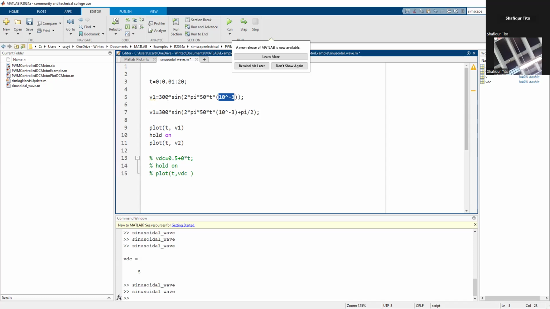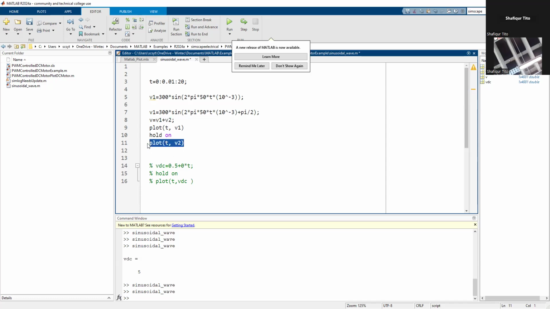So this is my original sinusoidal signal, having no phase shift. And this is my shifted one. And now I want to add them, so V would be equal to V1 plus V2. Then I want to draw the last one.